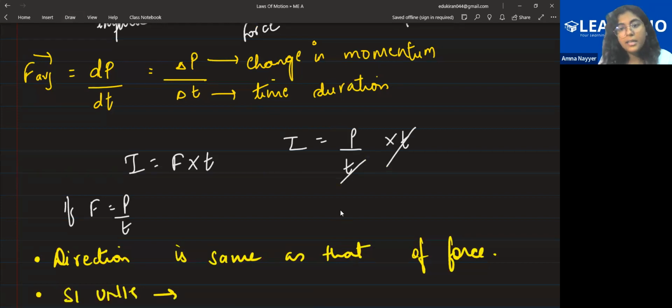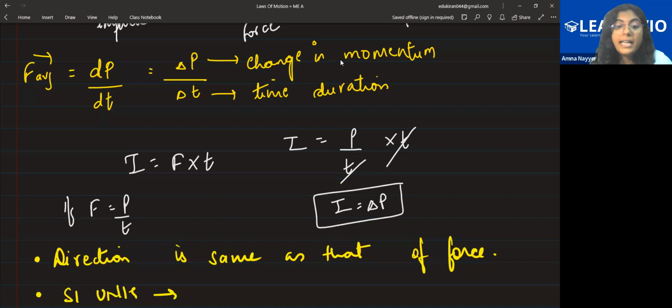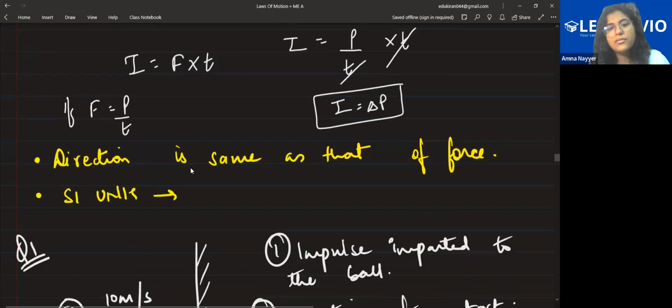Means impulse can also be written as the change in momentum, delta P. So the direction of impulse is exactly the same as the force.